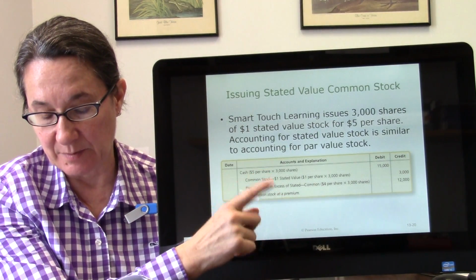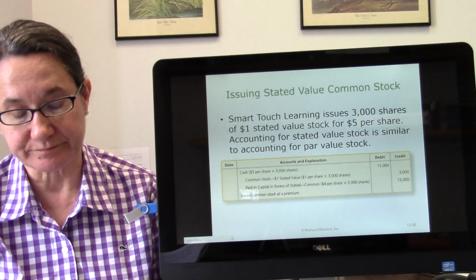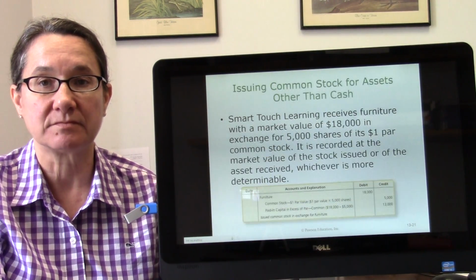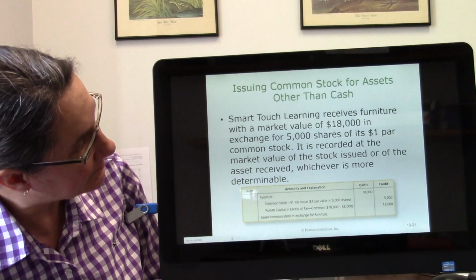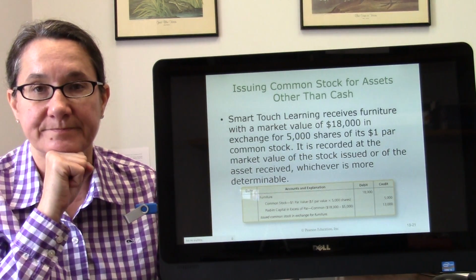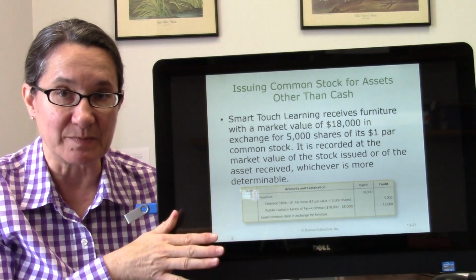So it's looking a lot more like the par value one.